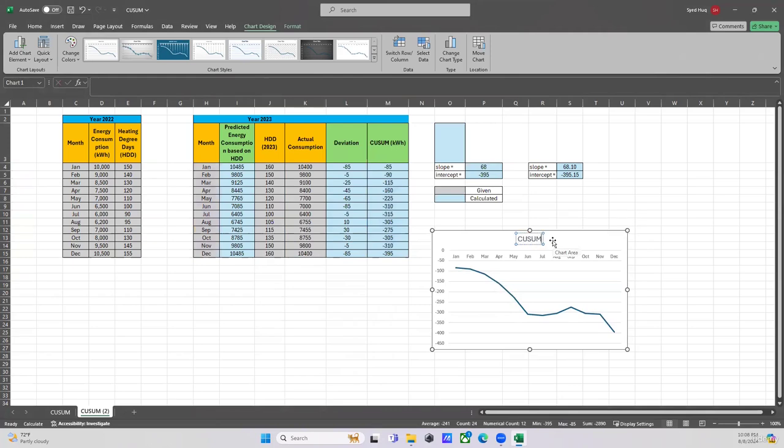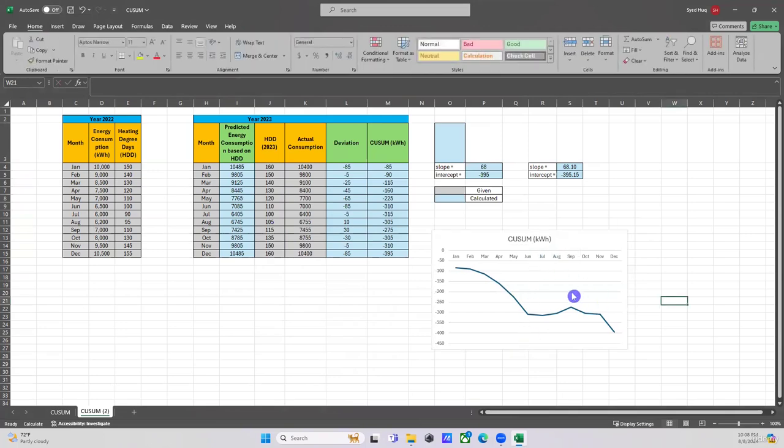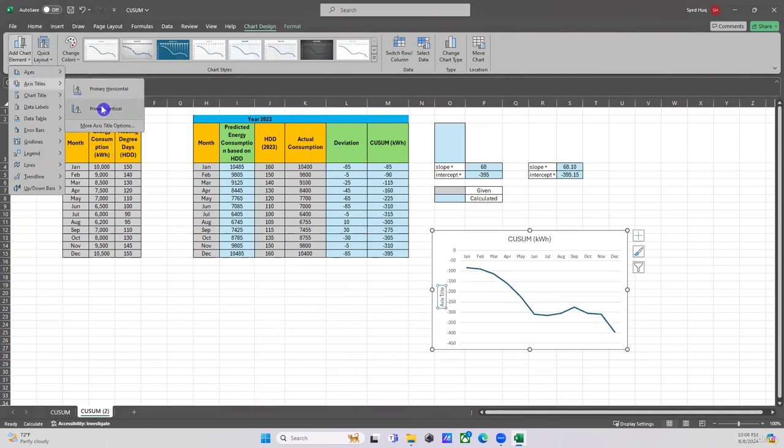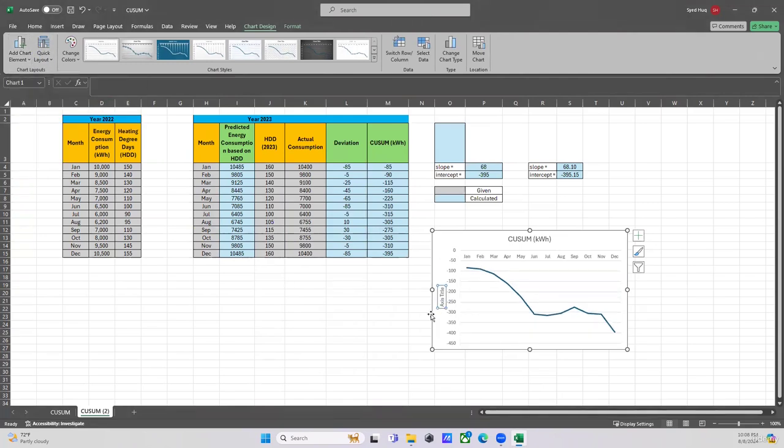Label it as CUSUM kilowatt hour. So you can label again the y-axis, the vertical axis as the CUSUM kilowatt hour.